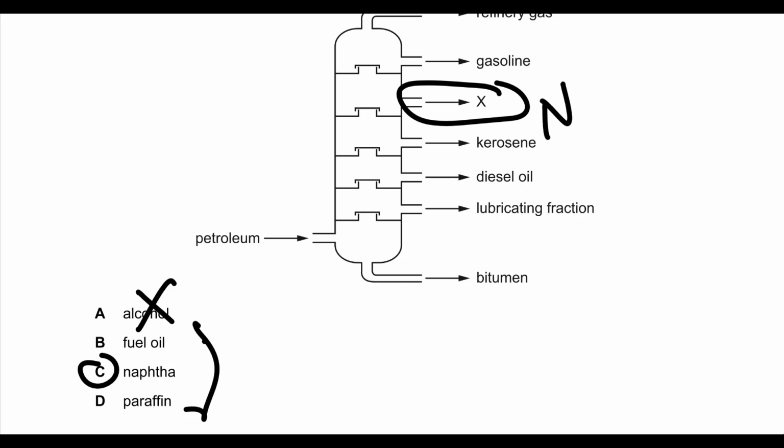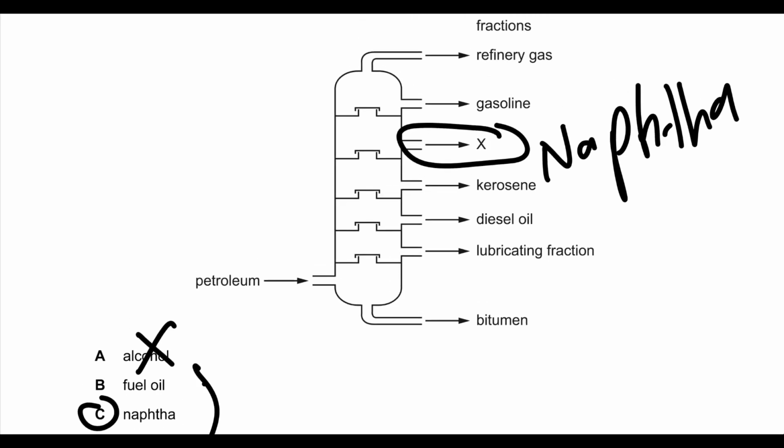So this is naphtha, which is used to make chemicals. You have to memorize one use for each fraction.